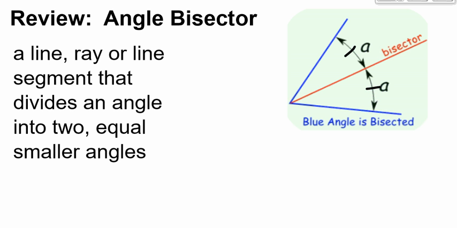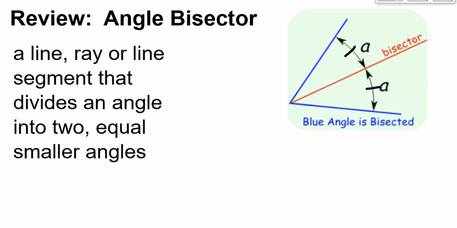All right, before we dive in, we're going to review a couple of things. We're going to first review what an angle bisector is. We learned this a couple of units ago. An angle bisector is a line, ray, or line segment that divides an angle into two equal smaller pieces.